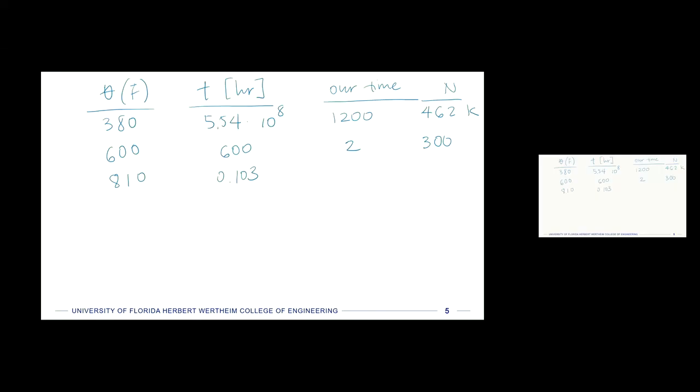And then the other one is we need it to last for 15 seconds, right? And we need that in hours. So we got to do 60 seconds per minute and 60 minutes per hour. And we get 0.103. Is that right?